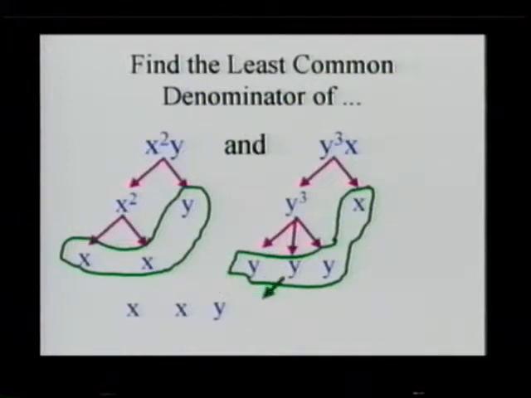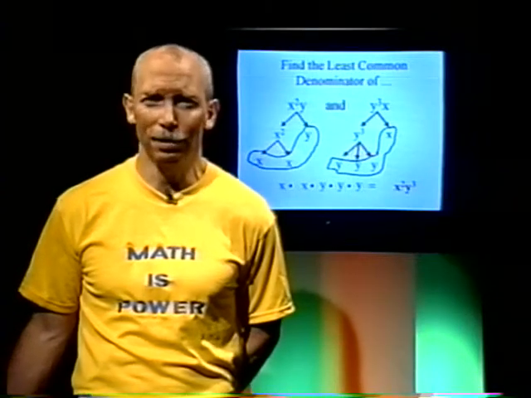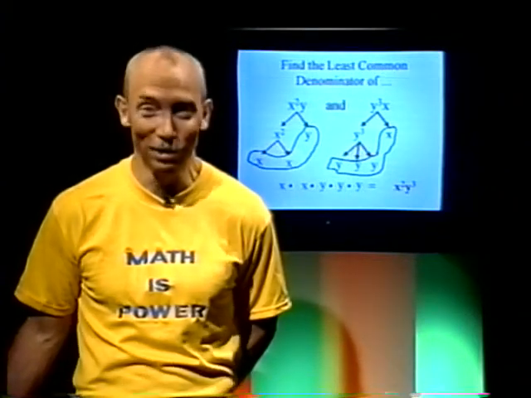But I don't have these two y's. And now I have the 3 y's from that set. This x is already covered as well. So it looks like the least common denominator in this case, multiplying, is x squared y to the third. And that is the deal.